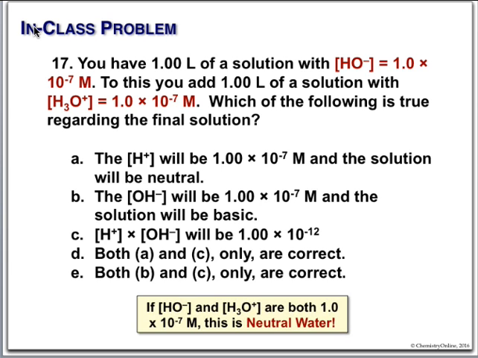So we're taking water, we're adding more water, we still have 10 to the minus 7 molar hydroxide and hydronium because it's neutral water. So the best answer here, clearly it's not basic, it must be neutral, and the hydronium will be 10 to the minus 7 molar. So will the hydroxide. Closest thing to a trick question.